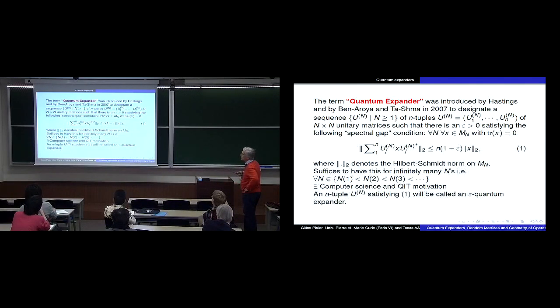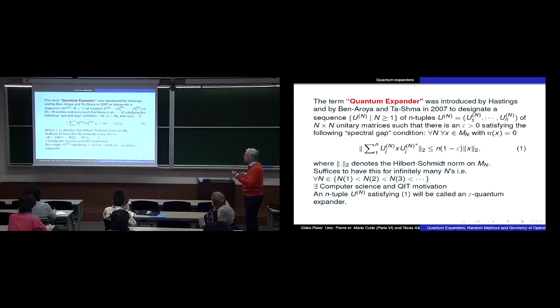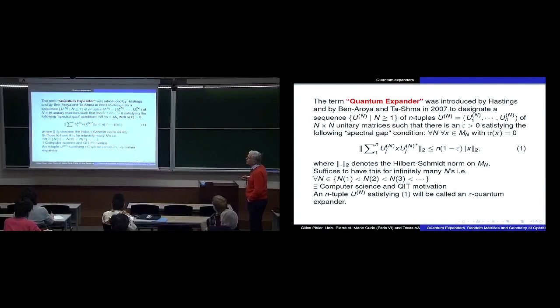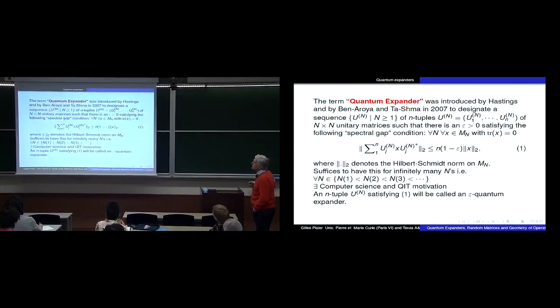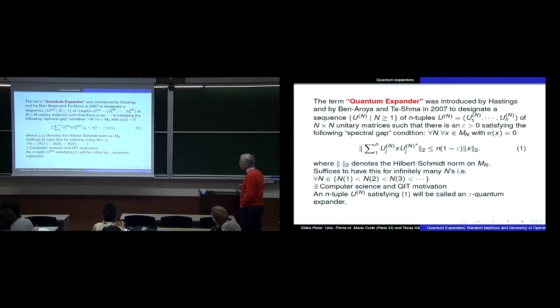These multiplications are unitary, so they preserve the norm, which is the Hilbert-Schmidt norm, or the Euclidean norm on C to the N squared. It's a very simple norm. In representation theory they call it the Frobenius norm, but I call it the Hilbert-Schmidt norm because I care about infinite dimensional objects. And so that's what we mean by a quantum expander.